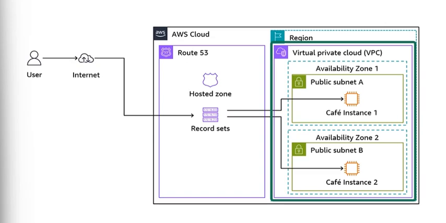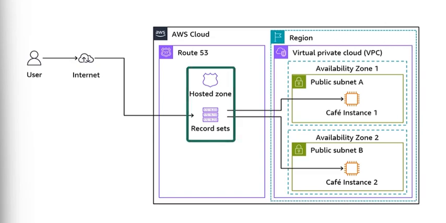The instances are configured identically, and we want to configure Route 53 so that HTTP requests are distributed evenly in a simple round robin fashion between these two EC2 instances.